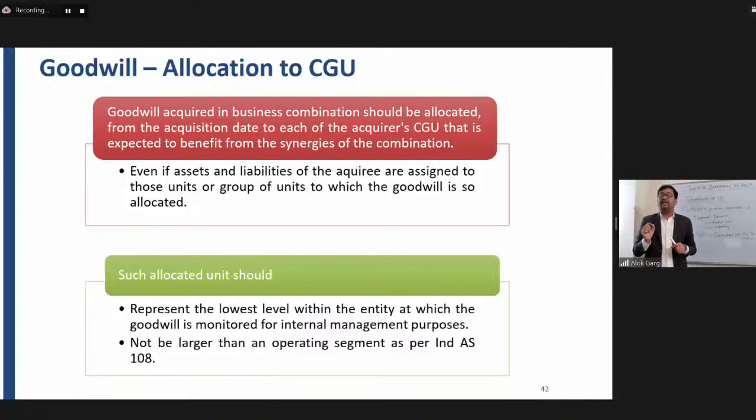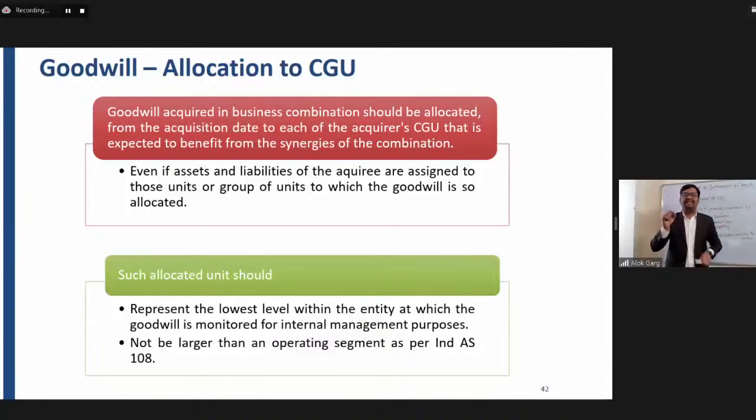But there is one exception. It says that the lowest level should not be larger than an operating segment as per Ind AS 108. Have you read Ind AS 108 operating segments? If you remember, for identifying a reporting segment there is a threshold of 10% of revenue, 10% of profit or loss, 10% of assets.